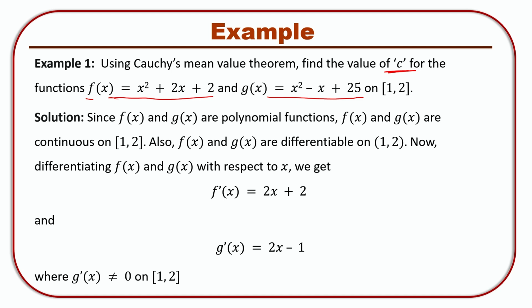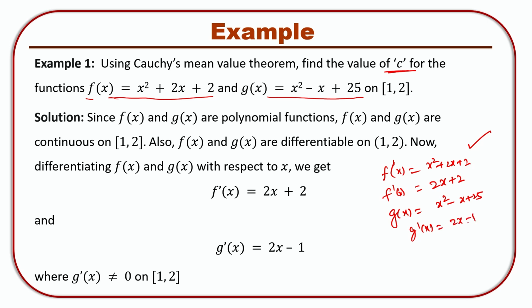So since f(x) and g(x) are polynomial functions, f(x) and g(x) are continuous in a closed interval. f(x) is given as x square plus 2x plus 2. So this is a continuous function, and f dash of x can be calculated, that is 2x plus 2. g of x is equal to x square minus x plus 25, so g dash of x can be calculated as 2x minus 1, right?